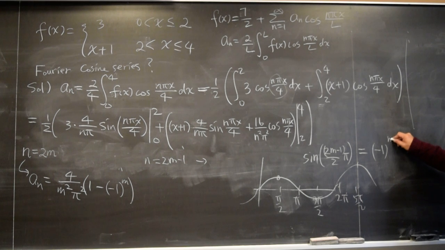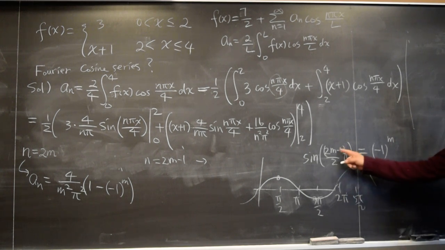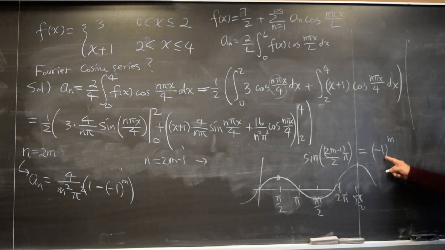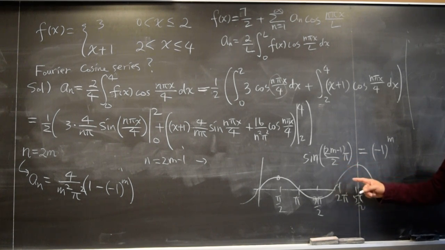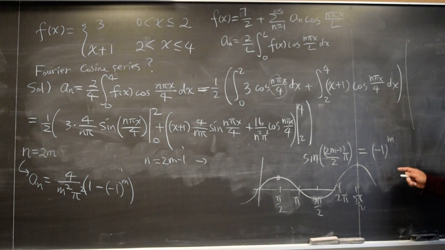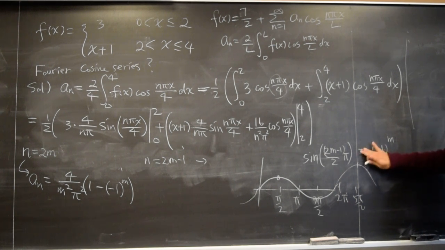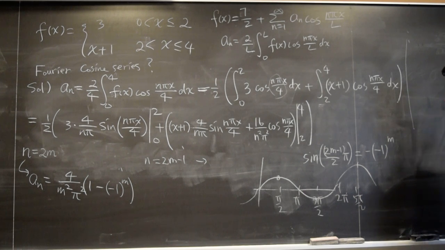Okay, should we do this? Will this work? When m is 1, what do you get? 1/2 pi. Sine 1/2 pi is negative 1, if m is 1. Does this work? Is sine pi over 2 negative 1? No, it doesn't work. So what should we do? Put a minus in front, and then everything works, right?